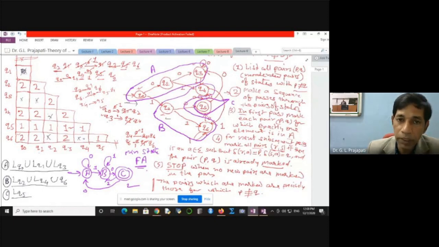But this algorithm is also not a simple one. If you analyze the table filling algorithm, the conclusion is that obtaining the minimum state DFA is a computationally hard problem in computer science.